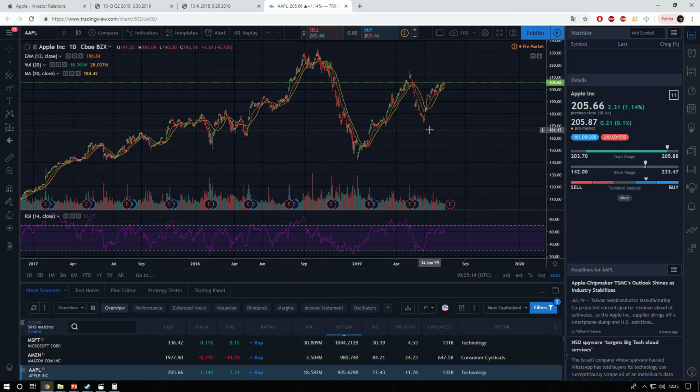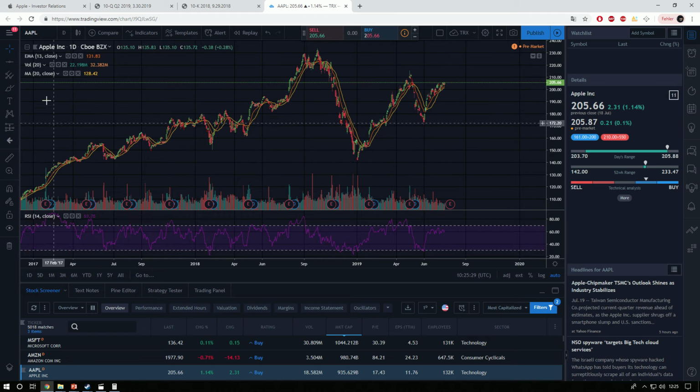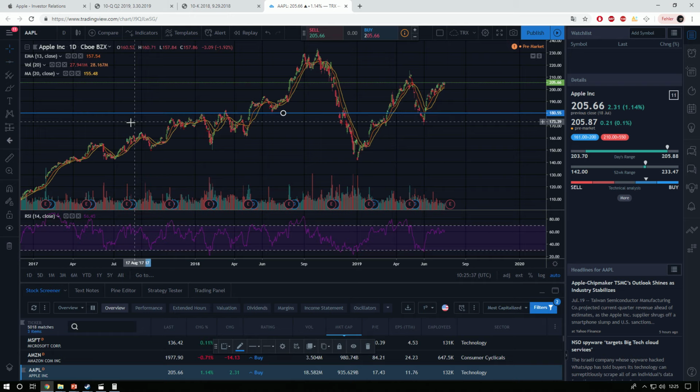Okay, one interesting line to look at all the time are the straight numbers like 160, 170, 180, 190, 200. What you can see right now, if I just put some horizontal lines in here, for example at 180, is a nice line right here.